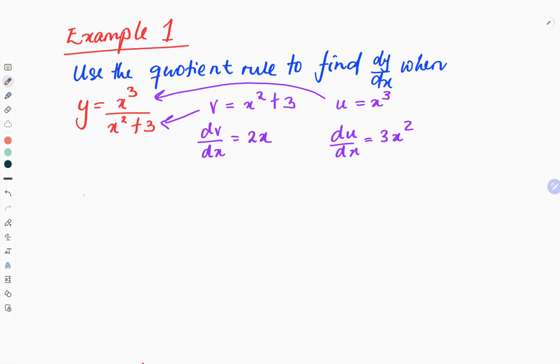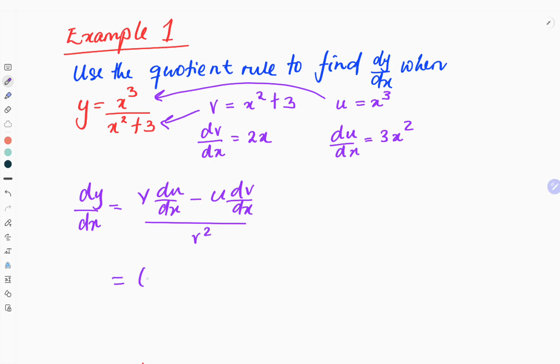And remember, for the quotient rule, dy dx is equal to v du dx minus u dv dx divided by v squared. Then you just do some simple substitution.